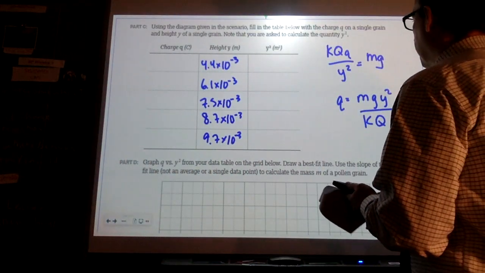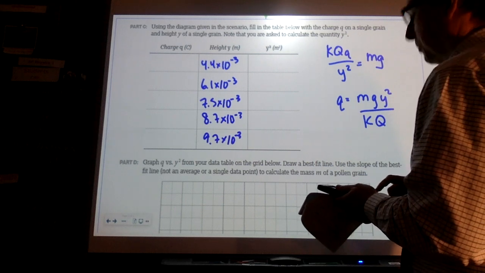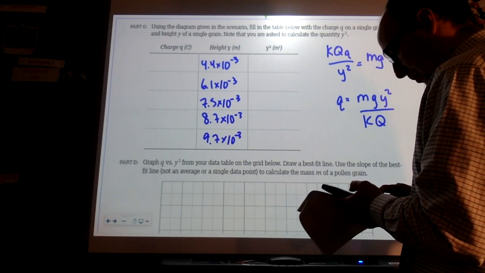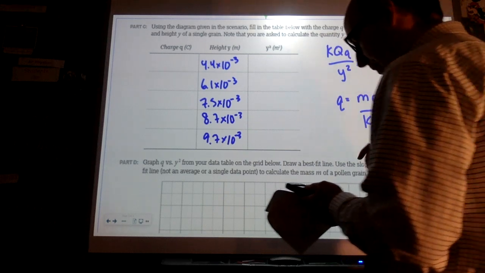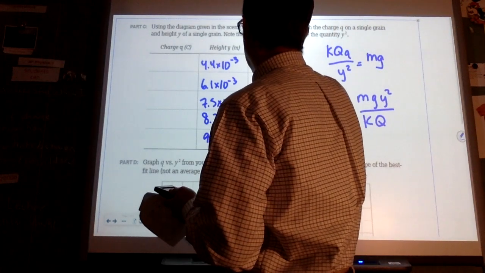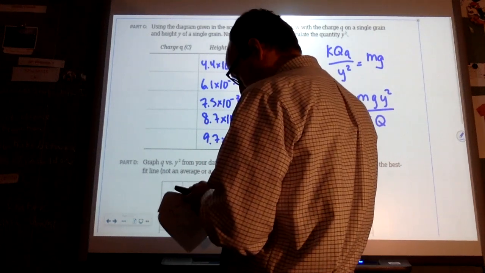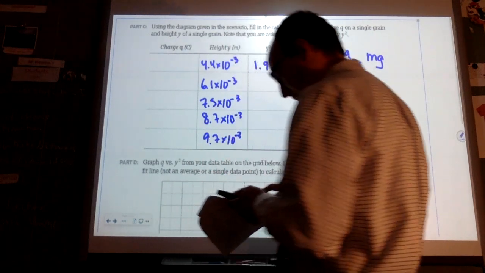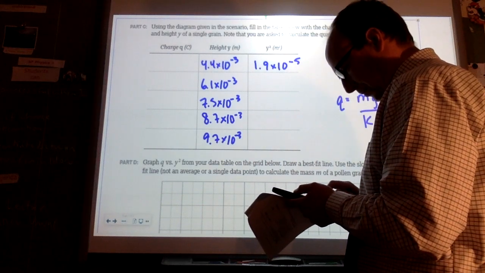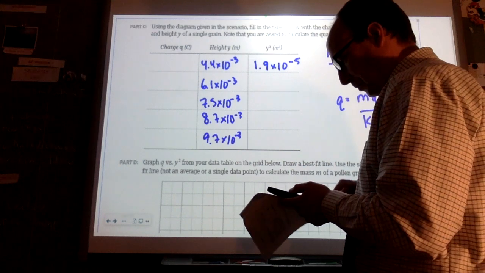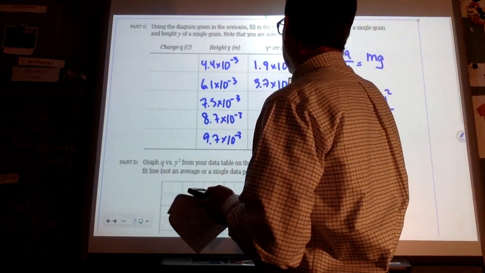So let me square these real quick because I need to square it anyways for my values. So I have 1.9 times 10 to the negative fifth, then 3.7 times 10 to the negative fifth.